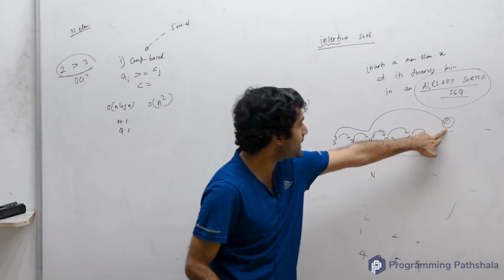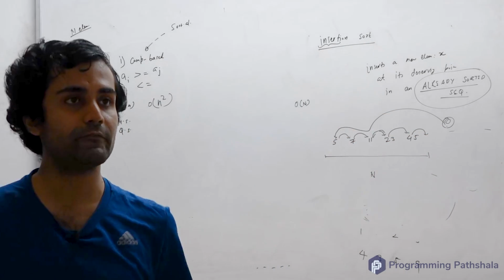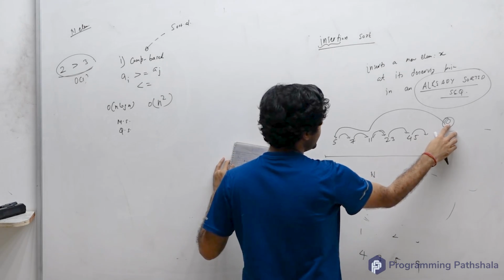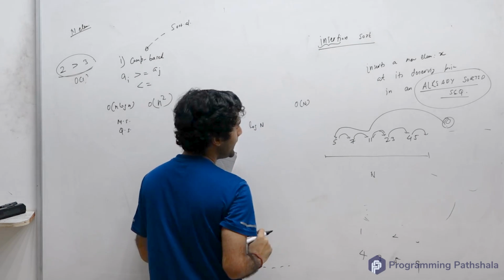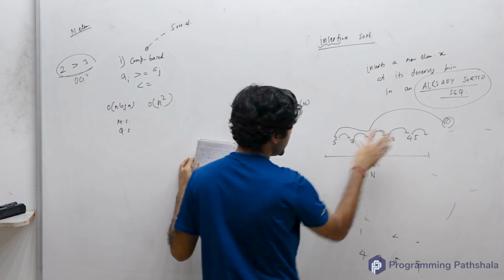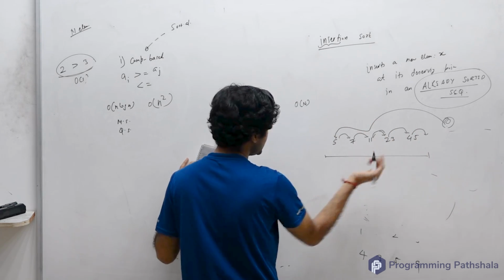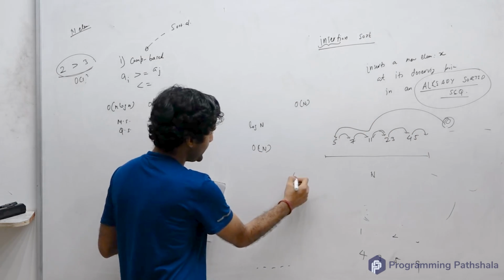So let's say it had been a number smaller than the smallest. How much time would it have taken? Say you determined the deserving index; for that you took log n time. Then to put it there you are moving everything right by 1 unit, so order n time. Order n plus log n is order n.